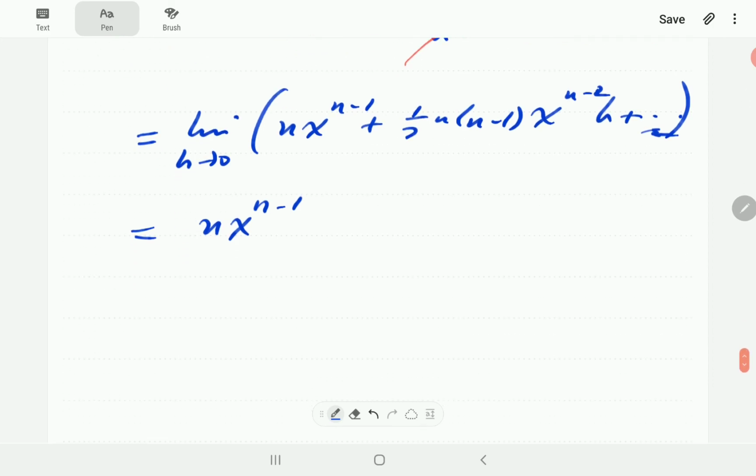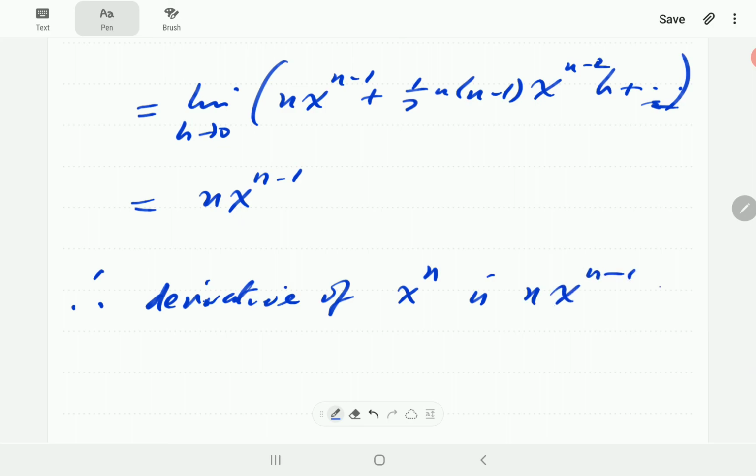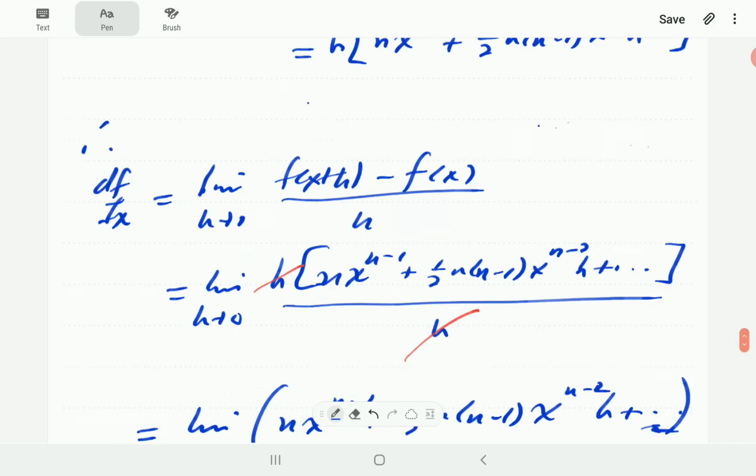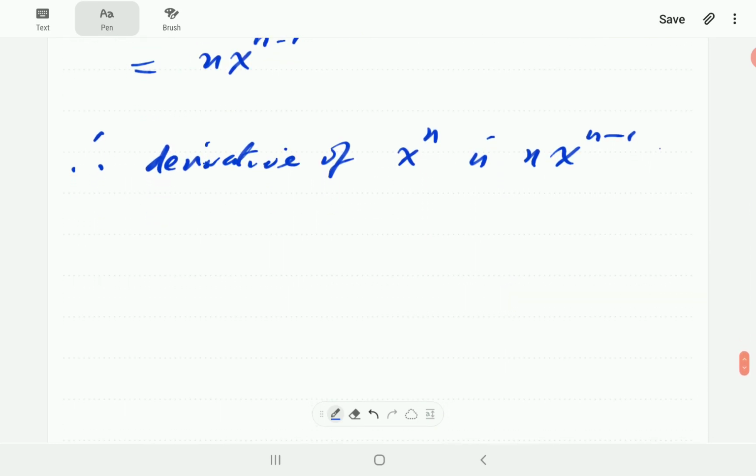So what this is saying is that the derivative of x to the power n is n times x to the power n minus 1. This is actually going to form one of the rules of differentiating when we go on to the next section. Otherwise for now, let's give you 2 examples to try.